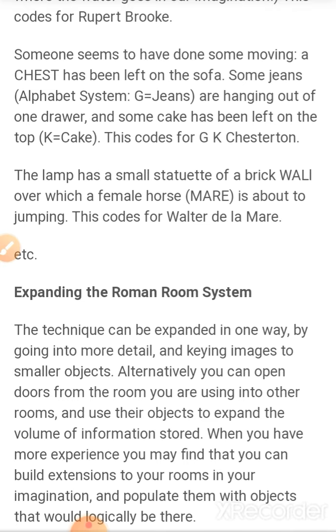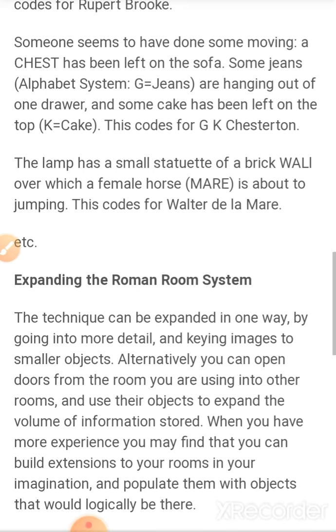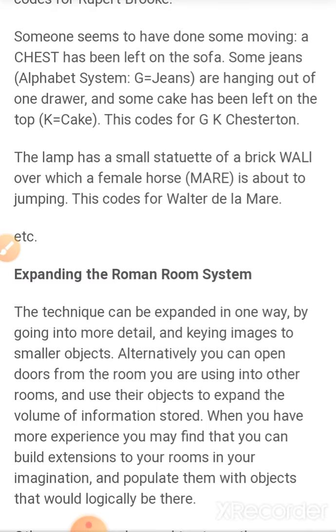So it means that we can expand the Roman room system, and if we have taken into consideration one room, or one sitting room, we can take another room also into consideration, and we can go for minor details of the smaller objects also.